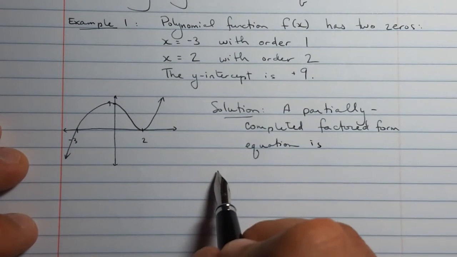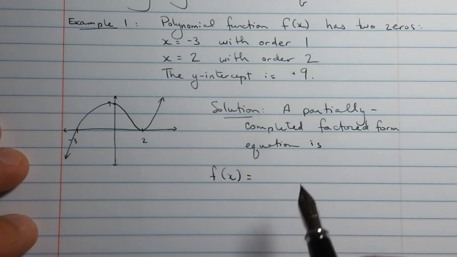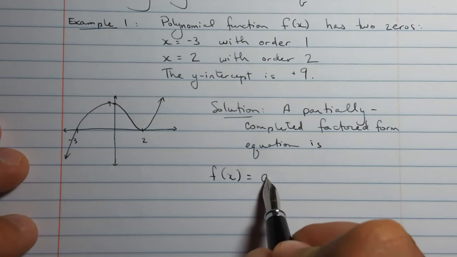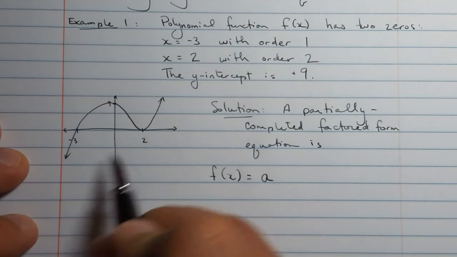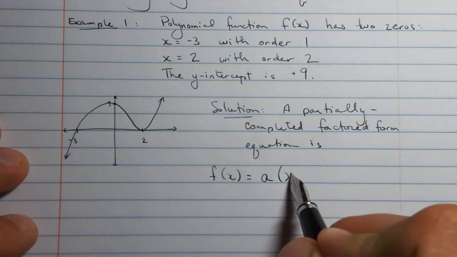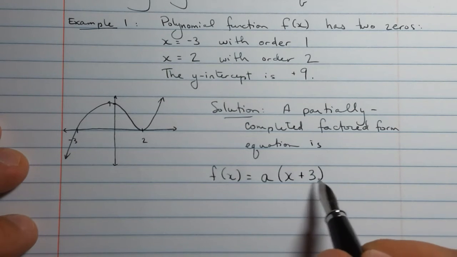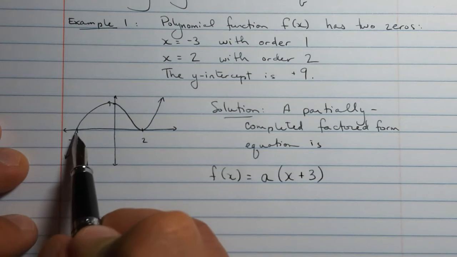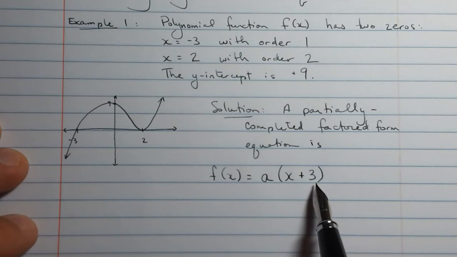It is f of x equals, and the big thing we don't know is the parameter a, the stretch or compression factor. We don't know that, but we do know a lot about the factors themselves. We know that there's a factor x plus 3. Could write x minus -3. We always subtract the root. That root is -3, it ends up with a +3 here.